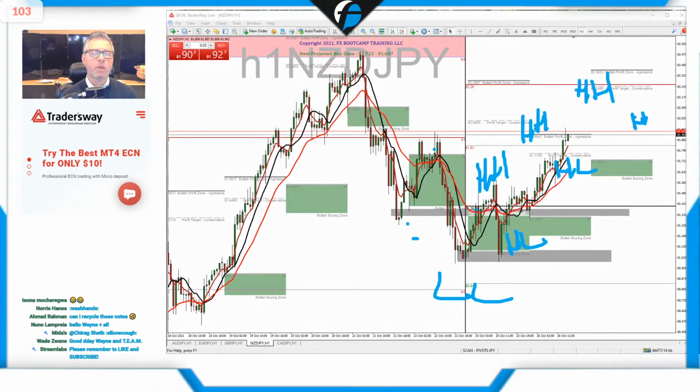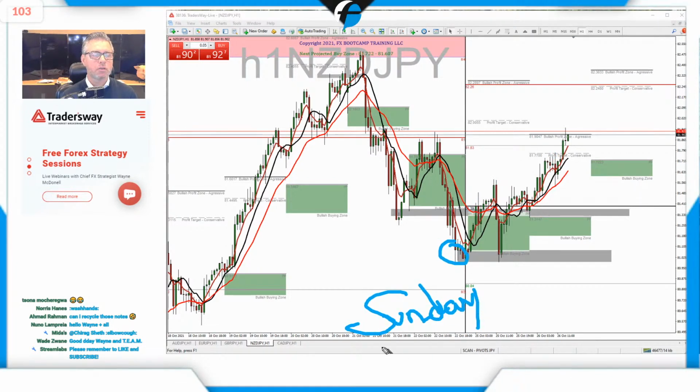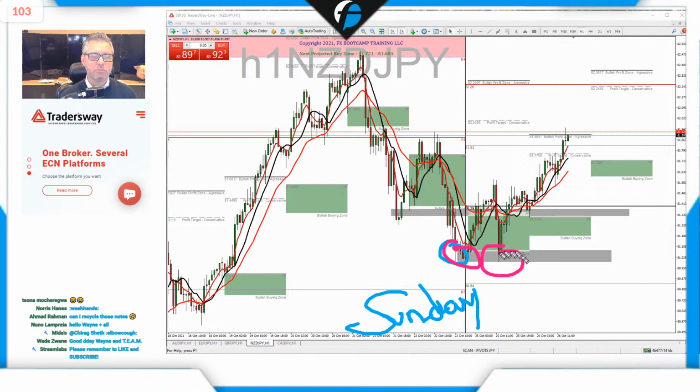Cool, right? Okay, great. Now, all setups are not created equal. This one, going back to Sunday at 8 p.m., we said the minimum requirement for this trade is a double bottom.